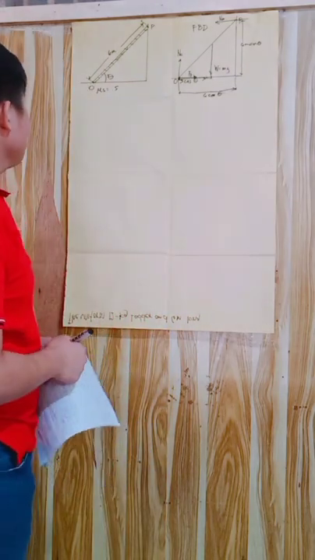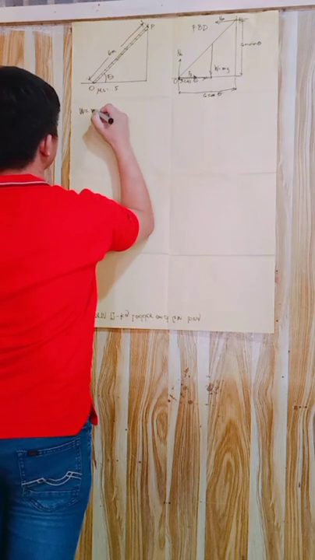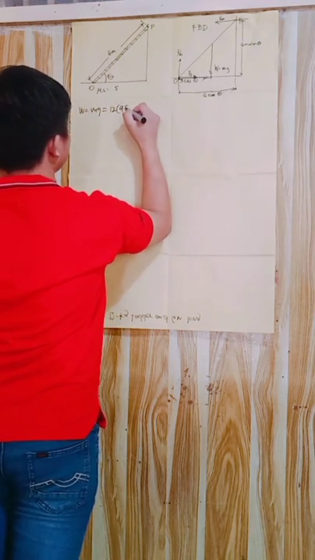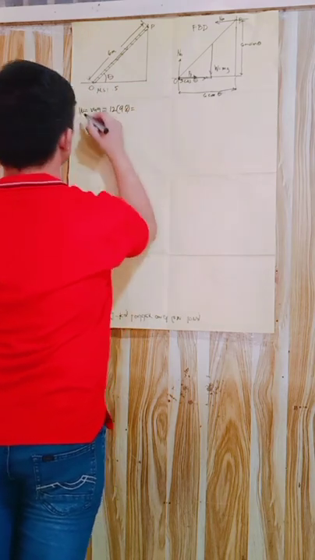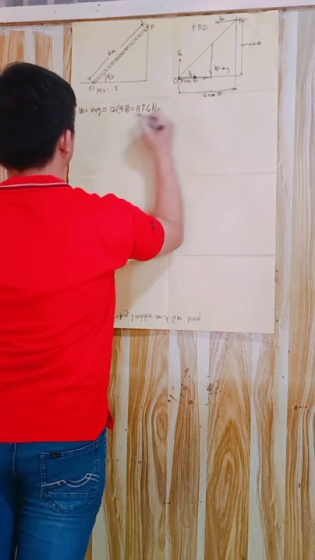Then, the first thing we need to do is to solve for the weight. Weight is equal to mg, which is 12 kilograms times 9.8, equals 117.6 Newtons.